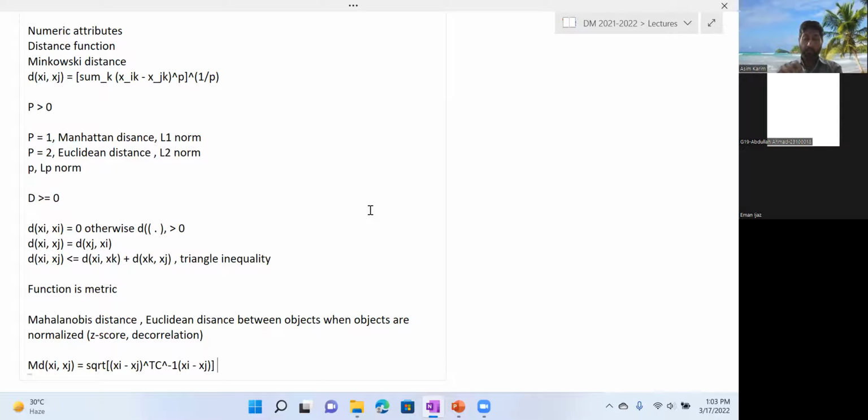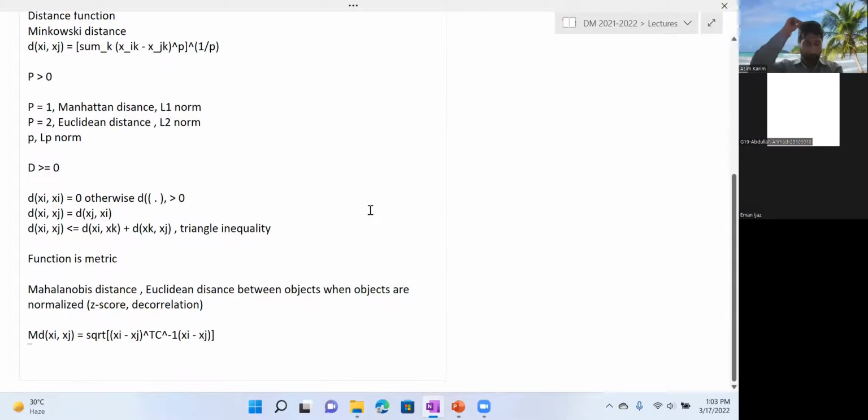Of course, for computer vision, it has some other benefits, but for most other data mining, decorrelation is not desired. But anyway, you need to know that there is a Mahalanobis distance measure as well. If your data set consists of images and videos and other related stuff, you might want to consider using this.